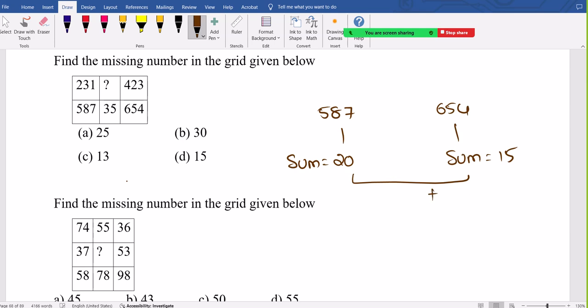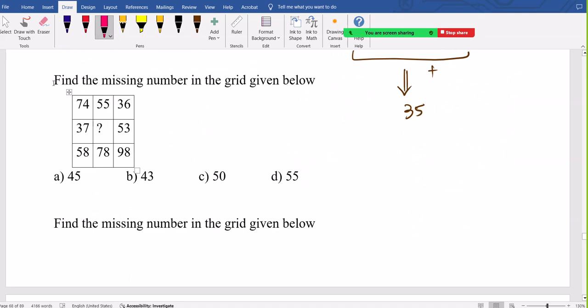Adding these two, we got 35. Similarly, 231 is 6, 423 is 9. Adding, we'll get 15. 6 plus 9, 15. Add these two. This is 6, this is 9. Adding 15.